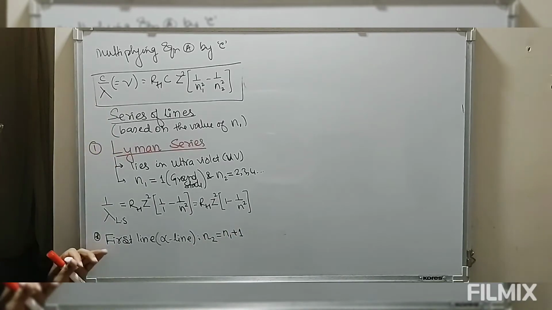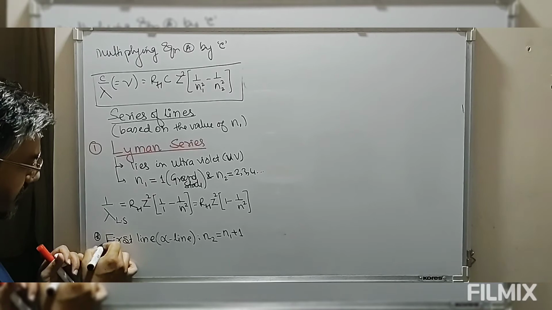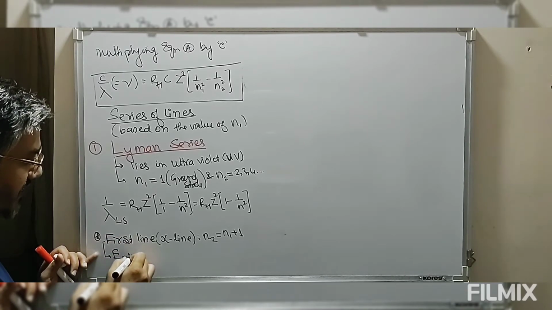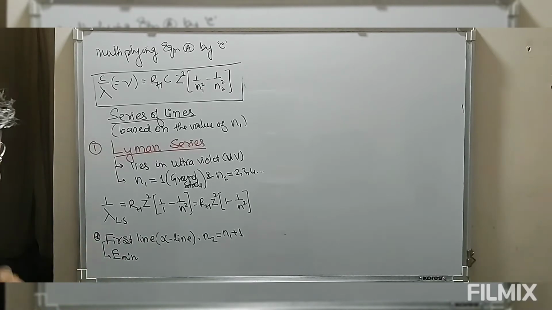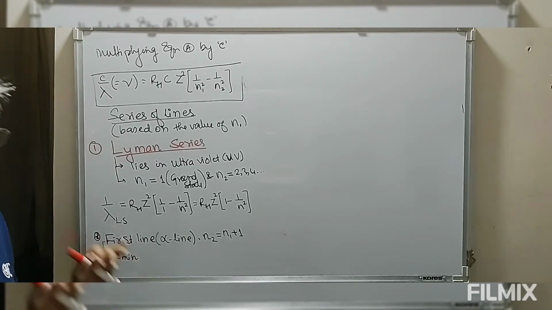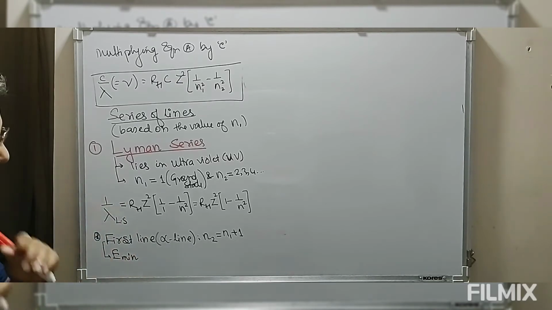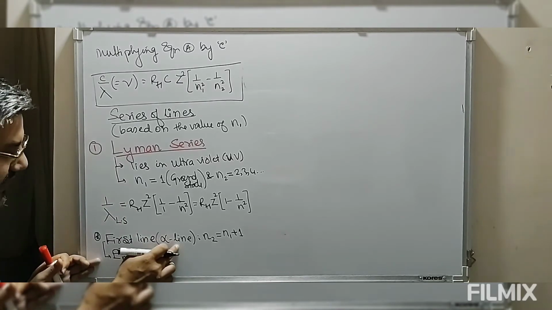Now the first line is also known as the line of minimum energy transition. The lowest energy transition for any series is known as the alpha line or the first line.